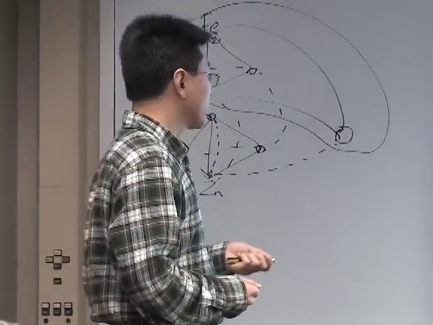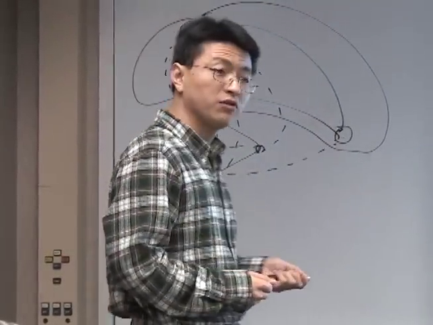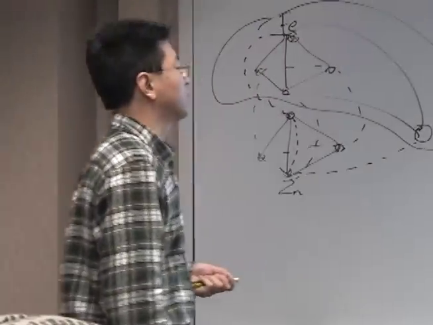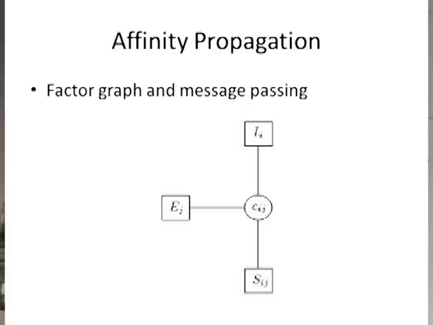Okay, so this could be solved by message passing. We just change these constraints to penalty functions, which are treated as vectors in the factor graph. But this is from the graphical model. You have these variables, Cij, that you want to learn as the indicator variables. You have these vectors. This is the constraint on the ith row. This is the constraint on the jth column.